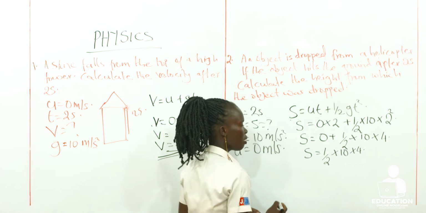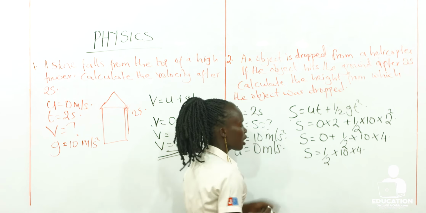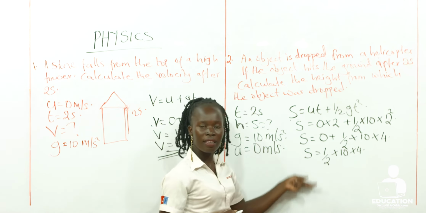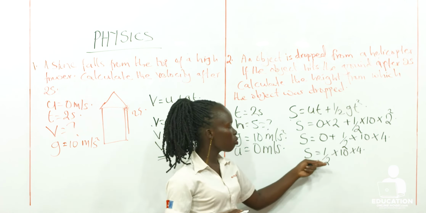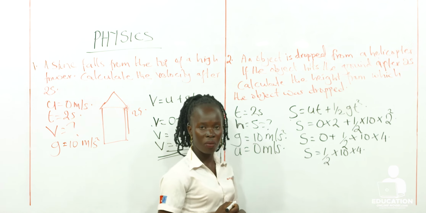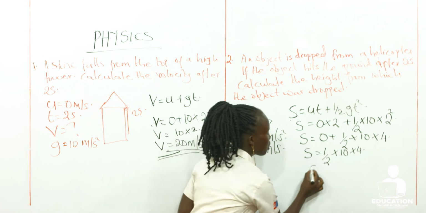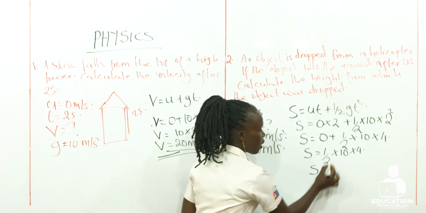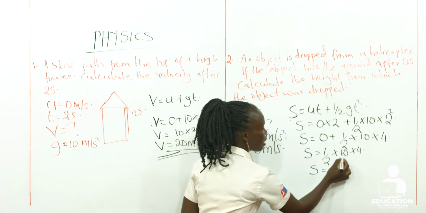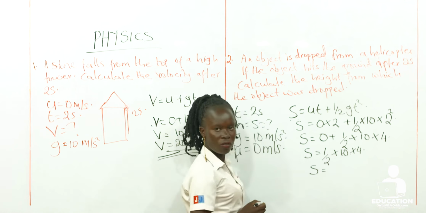So how would you eliminate the 2? We see that this 2 has a common factor up. You can either divide it directly, or you first multiply the numerators and then divide by the denominator. So let us multiply. We shall have s equal to 1 times 10 is 10, and then 10 times 4 is 40.